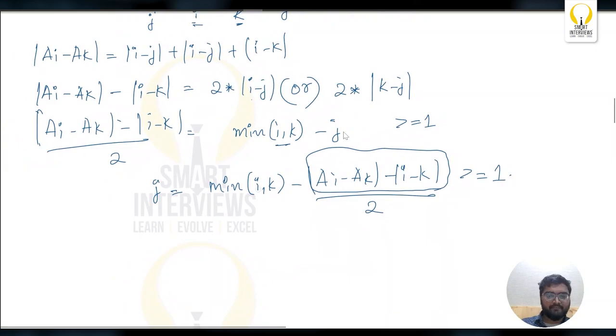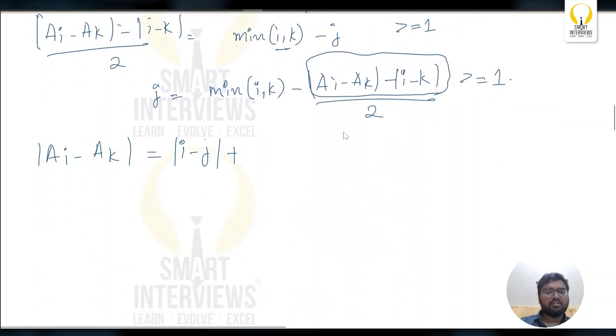The next case here is a of I minus a of k. Here it will be like I minus j plus j minus k.